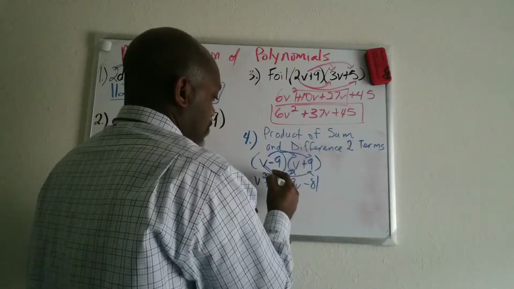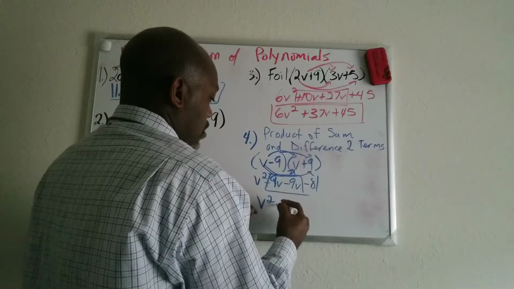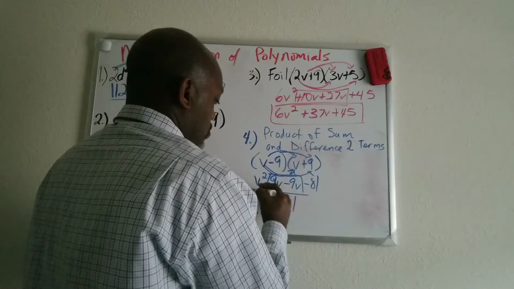But as you can see, this middle term is going to cancel out. So your answer is going to be v squared minus 81.